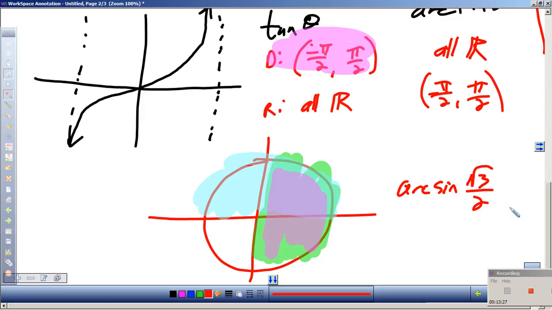What angle will get you √3/2? Okay? 60 degrees. So, is sine √3/2 here? Yeah. So this would give us 60 degrees or pi/3. Now, if I did the arc cosine of √3/2, what would I get? I would get this one right here, which is 30 degrees, or pi/6.